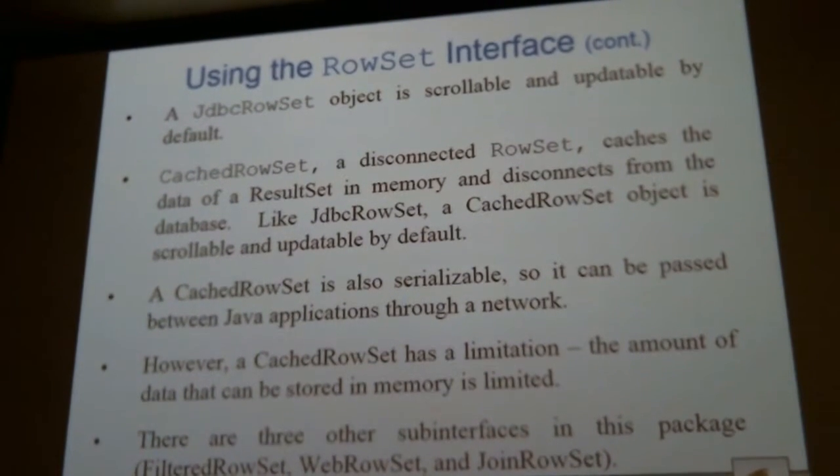There are also three other sub-interfaces in this interface, which are, again, very important from a point of view of how you're accessing the data. The filtered row set, the web row set, and probably the most important one, the join row set.